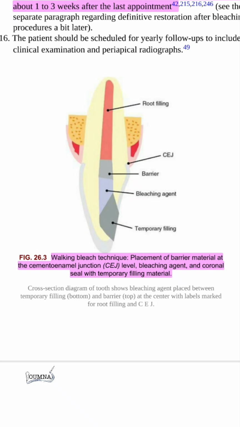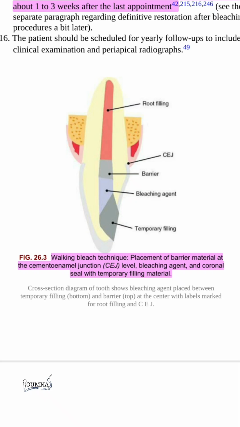So we use xylol or hypochlorite to clean the chamber really well. After that, we apply a 2 mm barrier layer of glass ionomer to make sure that no leakage of the bleaching agent reaches the apical area.